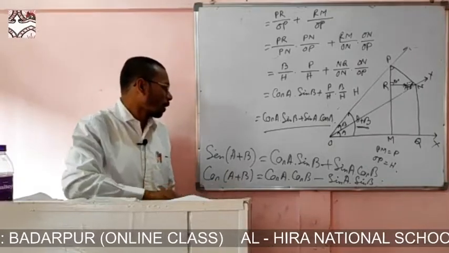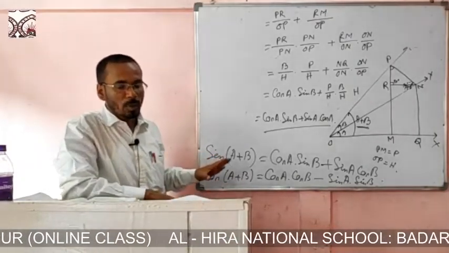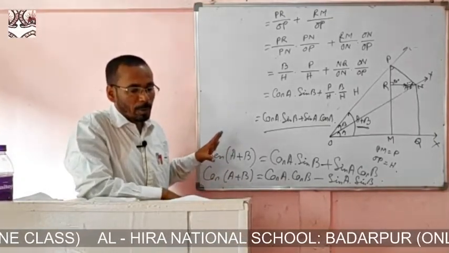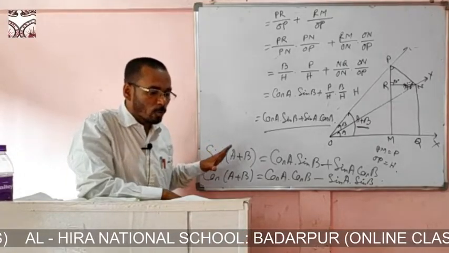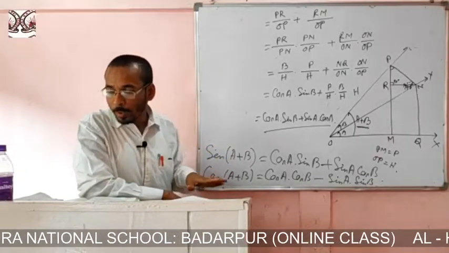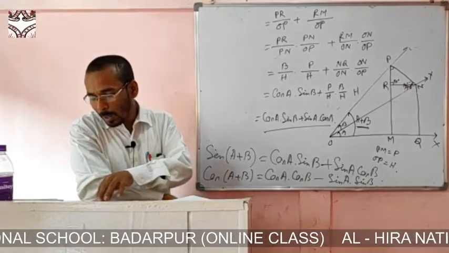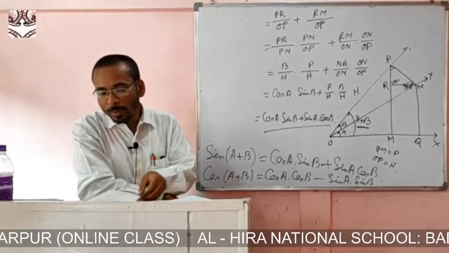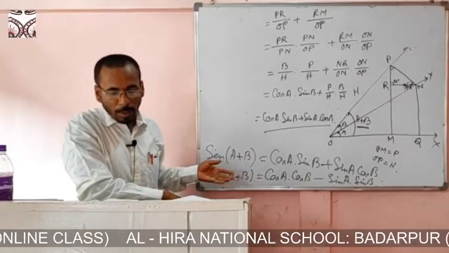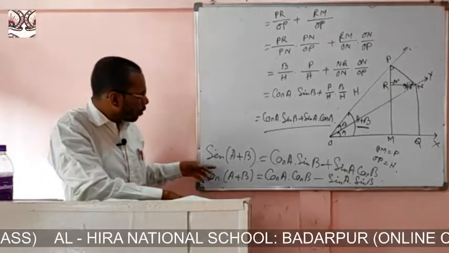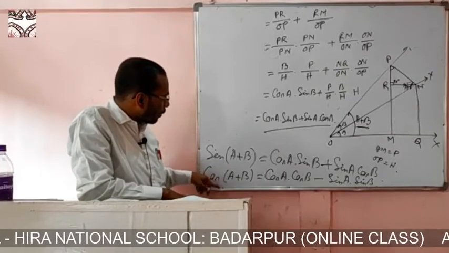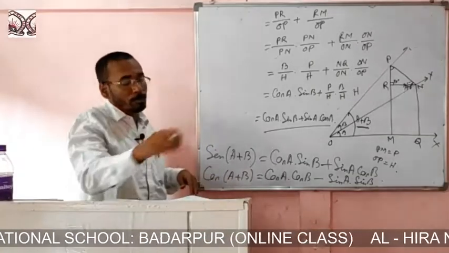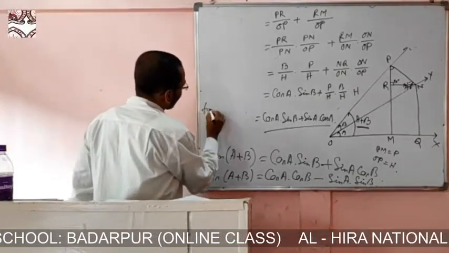This is called the addition formula of trigonometric ratios of A plus B. This is your page number 265. And by like this you can find tan A plus B by dividing sin A plus B by cos A plus B. You will get the tan A plus B formula.